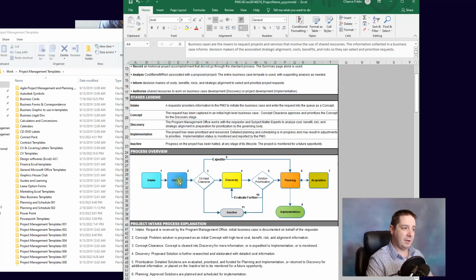Then once you get through concept and your concept gets approved, they're going to have you go into either discovery and solution prioritization, because you're going to start talking with your customer, or they're going to have you start going into planning. And when I mean planning, they're going to have you start trying to implement your ideas into an easy to follow path so that they can acquire the material, because you're probably not going to acquire the material yourself.